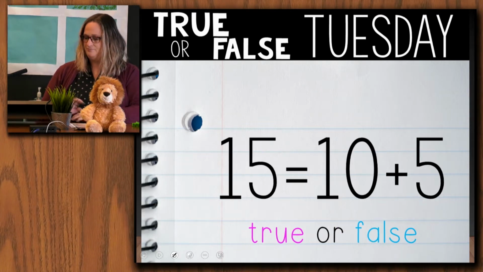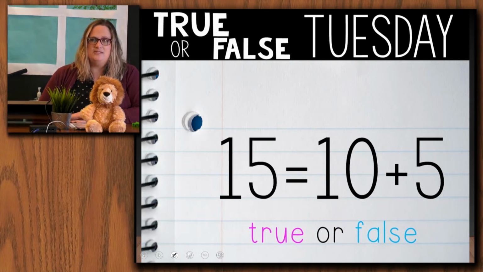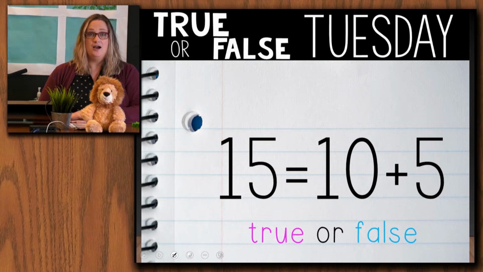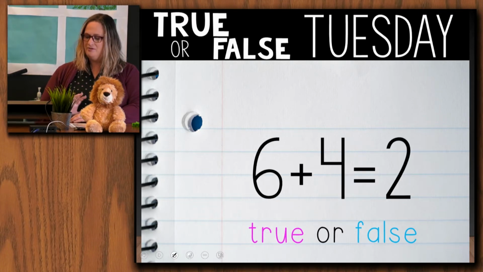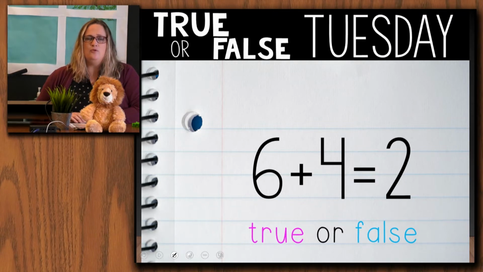False. 10 plus 5. 10 and 5 more is the same as 15. Ding, ding, ding, ding, ding. It's true. 6 plus 4 equals 2.